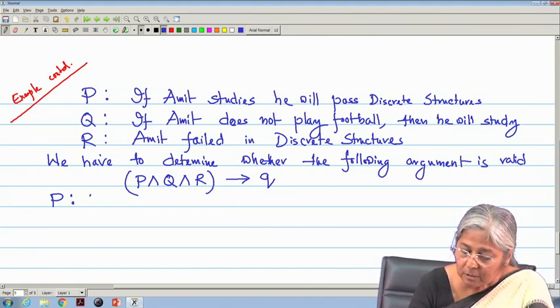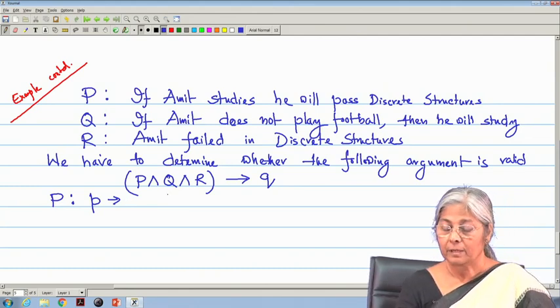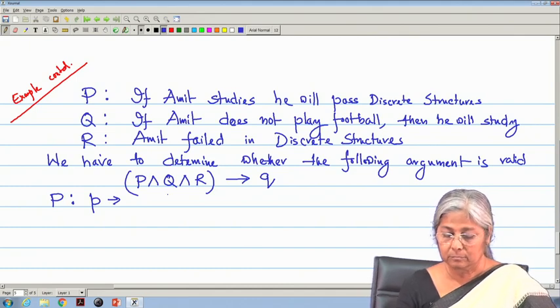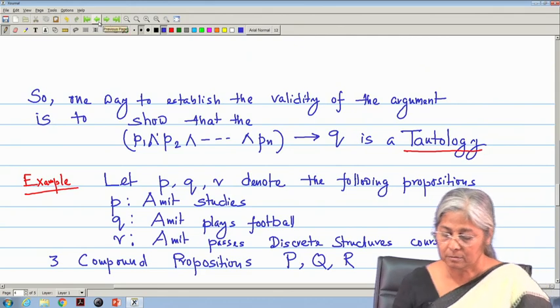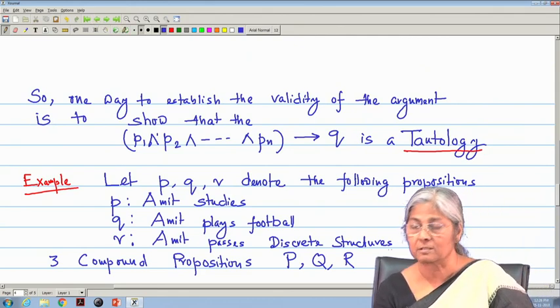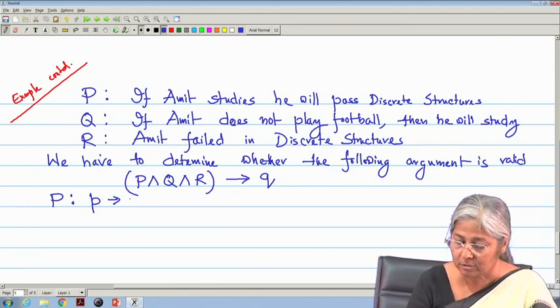Amit studies is small p, so small p implies R, because he will pass discrete structures is R, Amit passes discrete structure course.